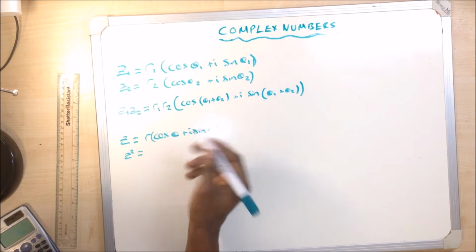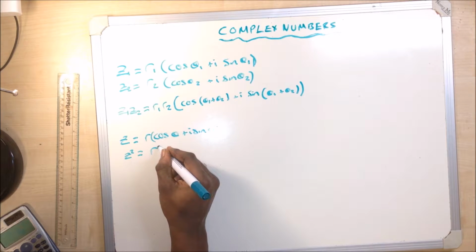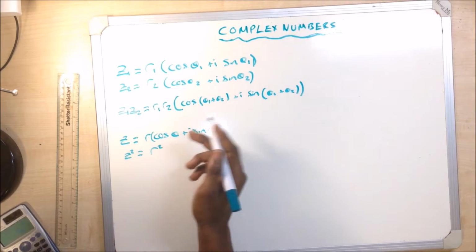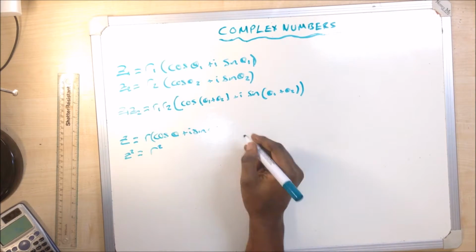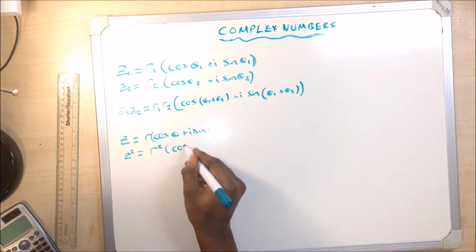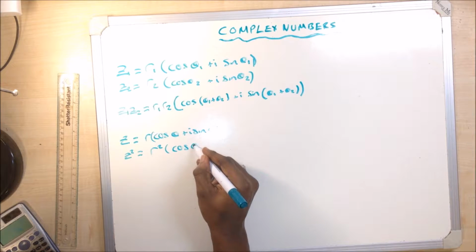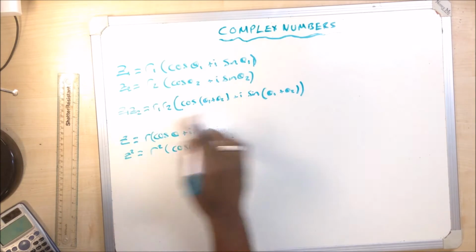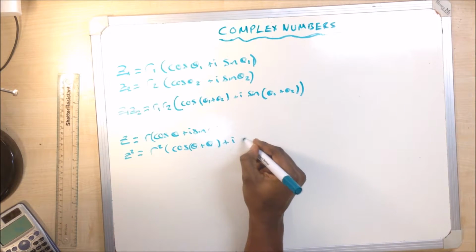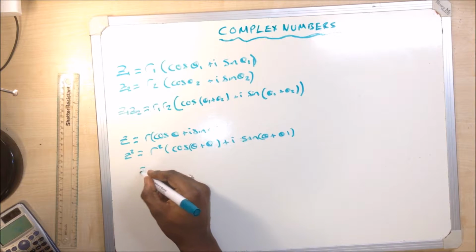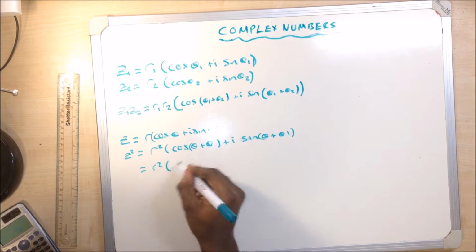In this case, r1 and r2 are the same thing, so we have r squared times, using this method, cos(theta 1 plus theta 2), and they're both the same, so we have cos(theta plus theta) plus i, using the same formula here, sin(theta plus theta).